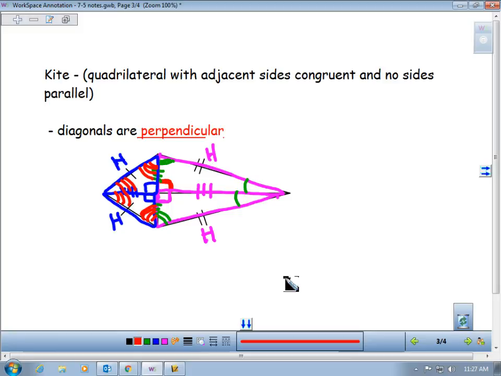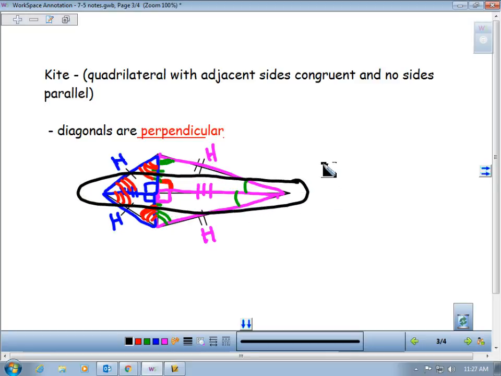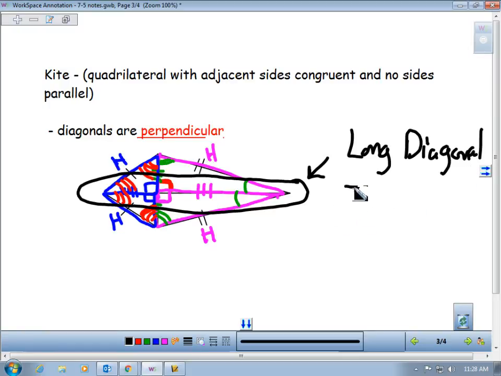So guys, I want to talk real quick about something that'll help you with all of this, which is this thing right here. This, guys, is the long diagonal. And it does a couple of things in a kite that'll really help you remember these things. First of all, what do you notice it does to the angles of the kite? What does the long diagonal do to the angles of the kite there?